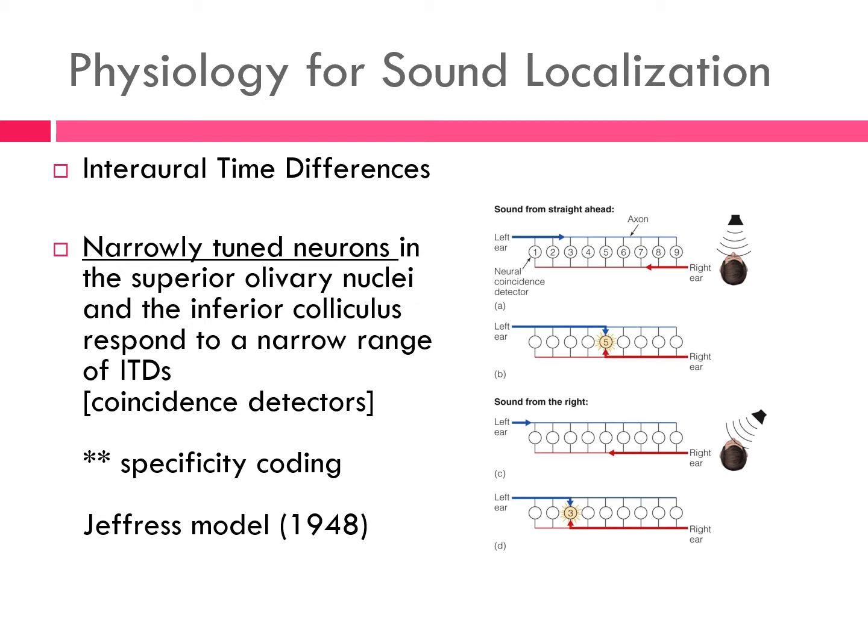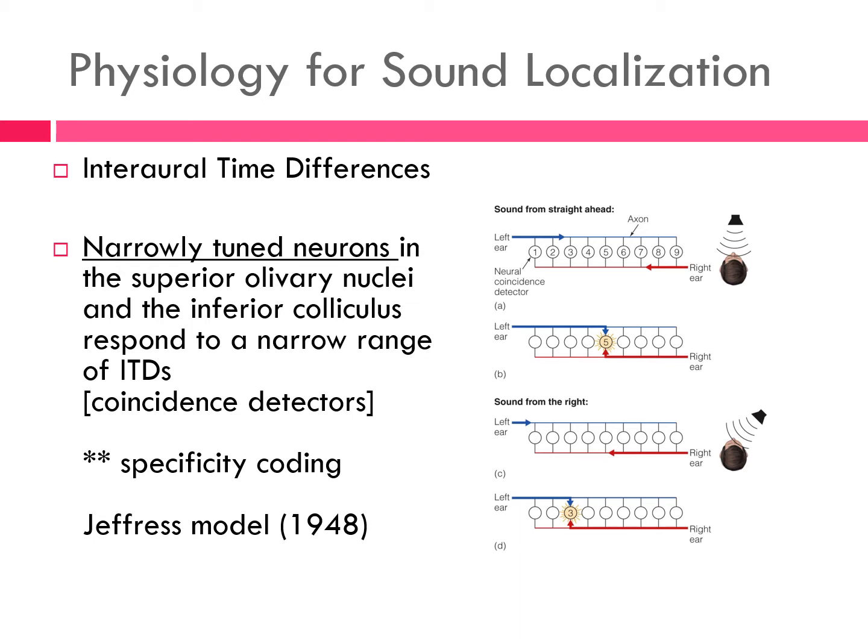So if we look at a sound that's coming from in front of us, which is being shown in the top picture over to the far right, that's going to hit the left and the right ears at the same time, and then it's going to travel past these neurons. With only the one ear responding, those neurons that are receiving the signal don't respond.